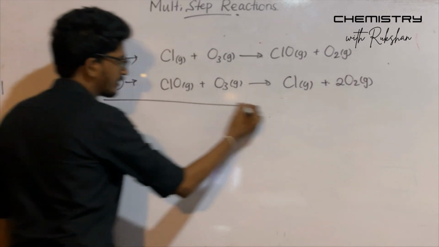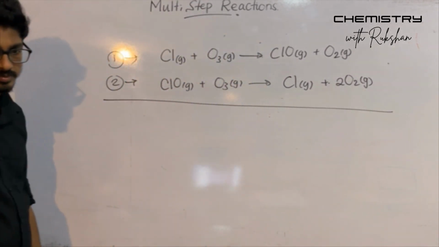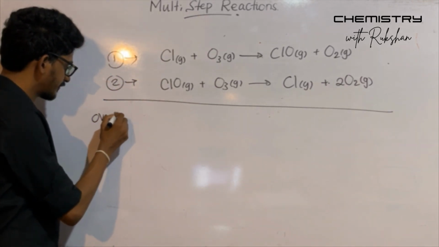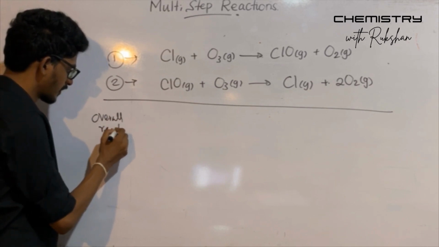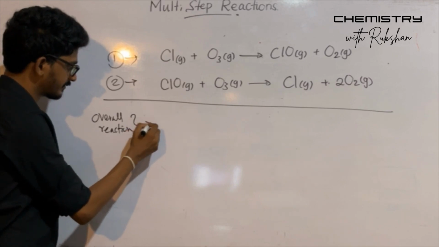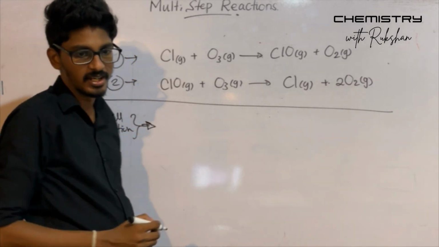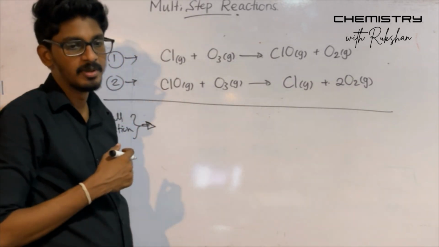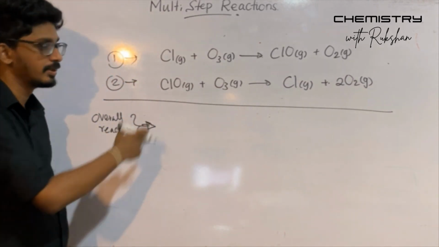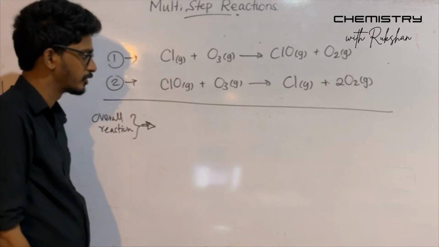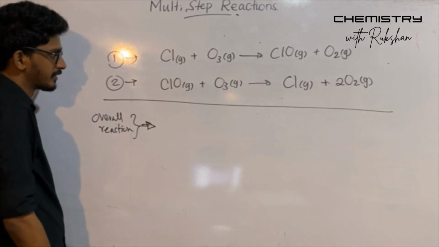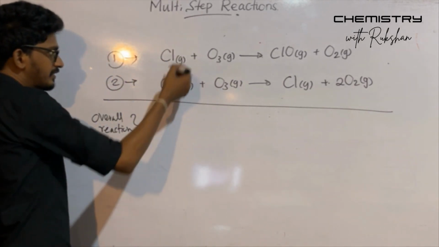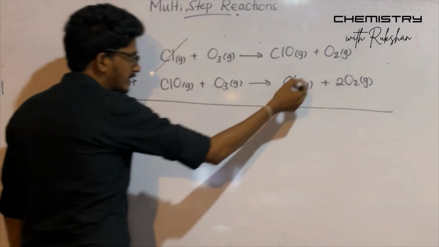If they have asked you to come up with the overall multistep reaction, what you have to do is adapt all the elementary steps involved in the multistep reaction. What happens? If you consider the right hand side, this Cl will cancel out with this Cl.